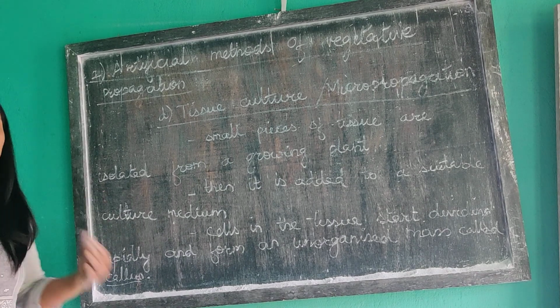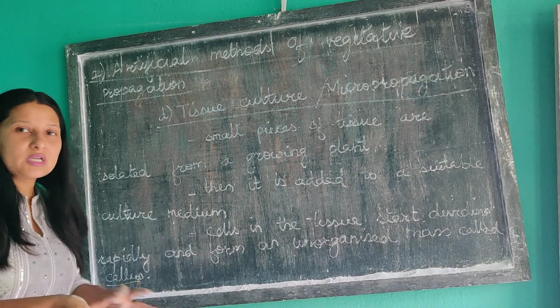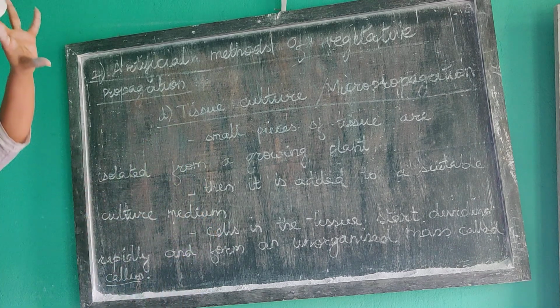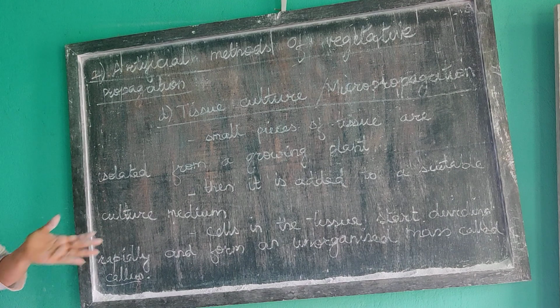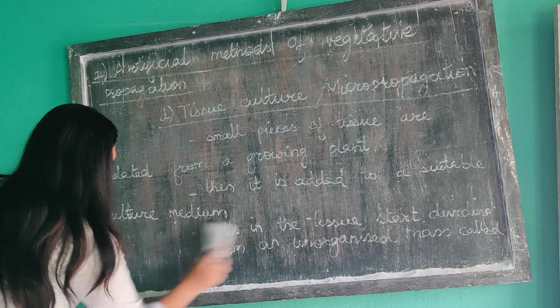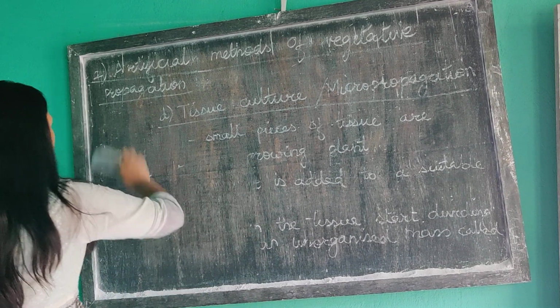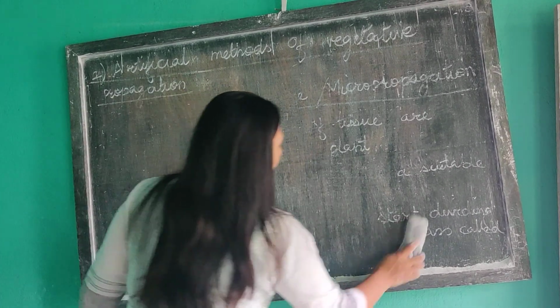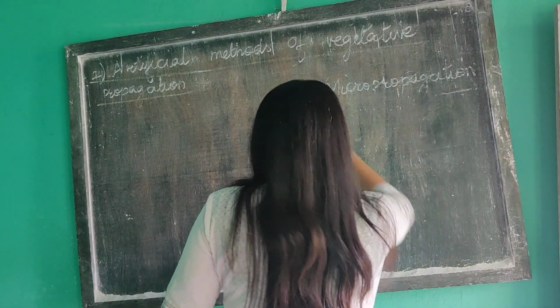When it is added to the culture medium, then the cells that are present in the tissue, they start to divide rapidly. Then they form a mass that is undivided or unorganized also. Okay, jata bhabi unorganized एउटा ठुलो mass बनिन्छ. That mass is called callus. After the callus formation takes place, then that callus is now again added to another culture medium.